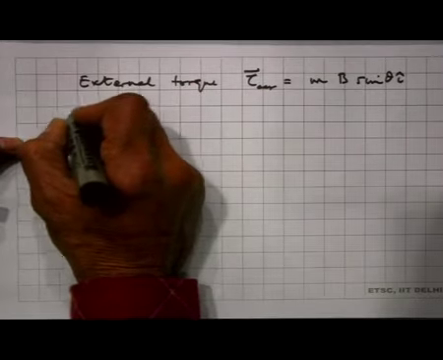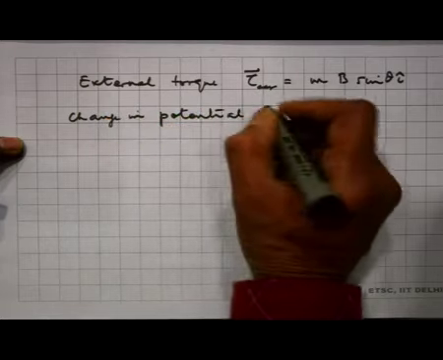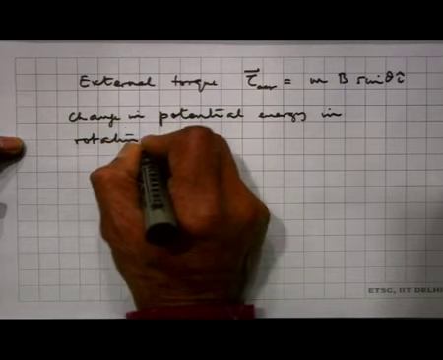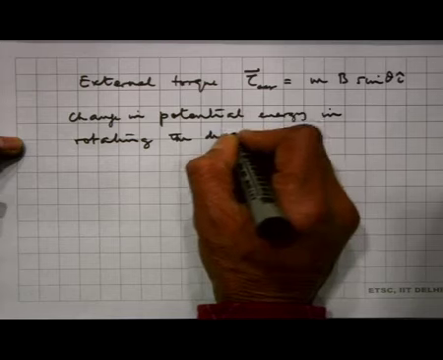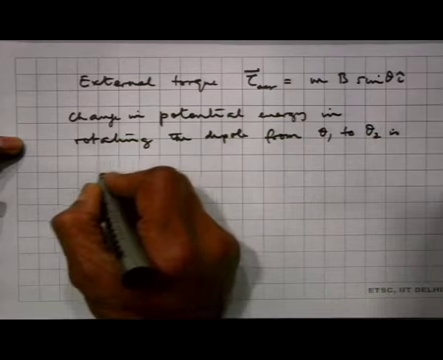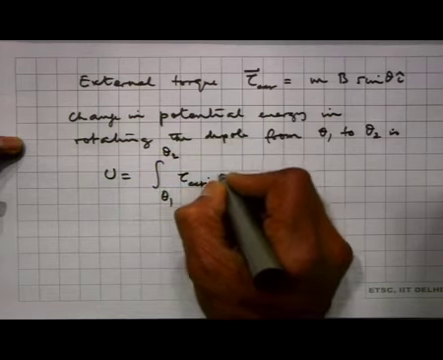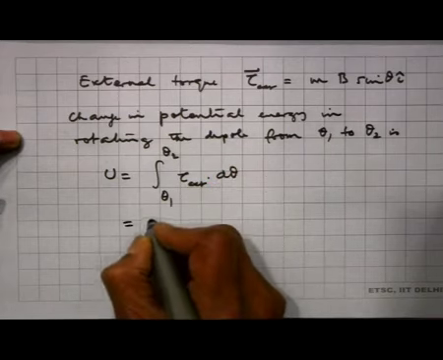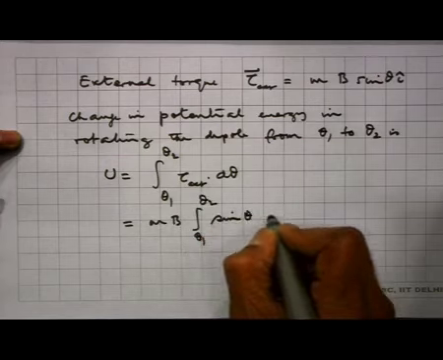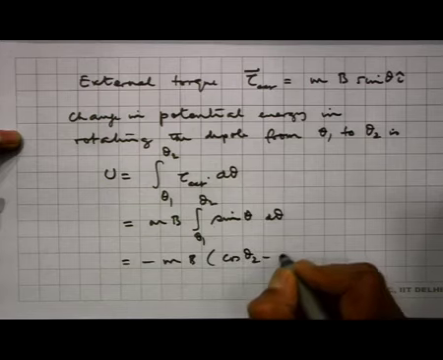So, change in potential energy in rotating the dipole from theta 1 to theta 2 is U is equal to integral theta 1 to theta 2 of tau external multiplied by d theta, which is equal to m b integral theta 1 to theta 2 of sin theta d theta, which is equal to minus m b (cos theta 2 minus cos theta 1).